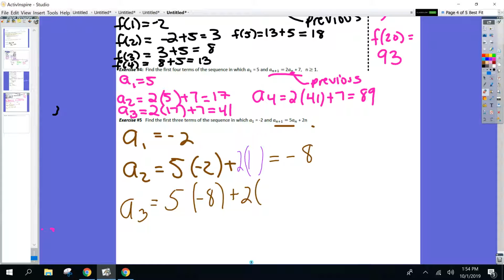The second term, right? So what's my n value now? 2. Just say to yourself, the n's always have to match. Whatever you plugged in for that n has to be the same as what I plug in for this one. And what's my third term? -40 plus 4, -36. First 3 terms.